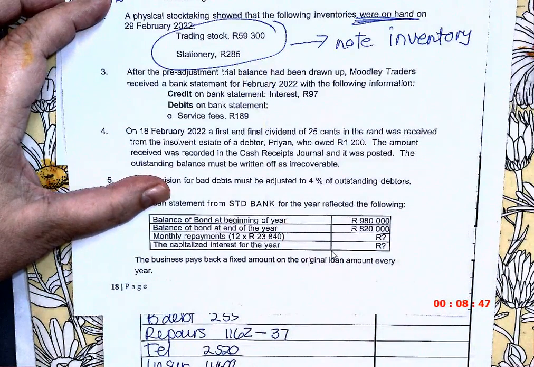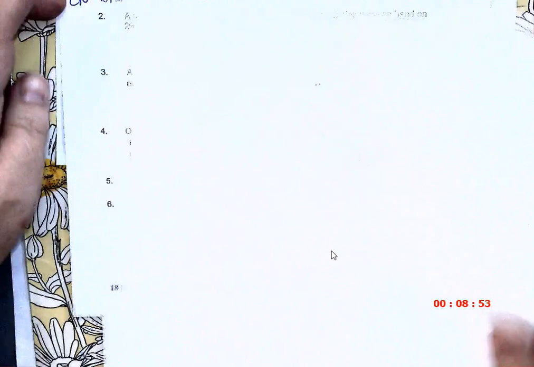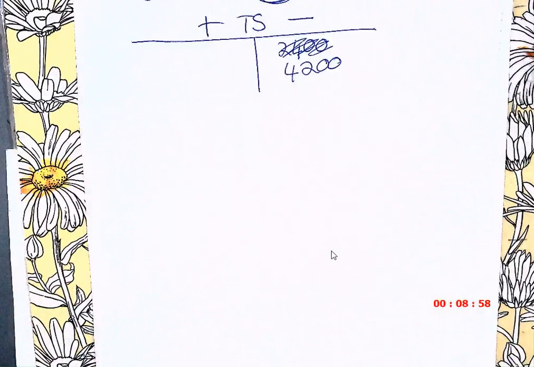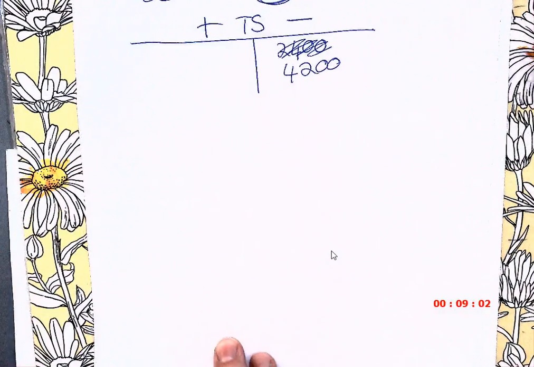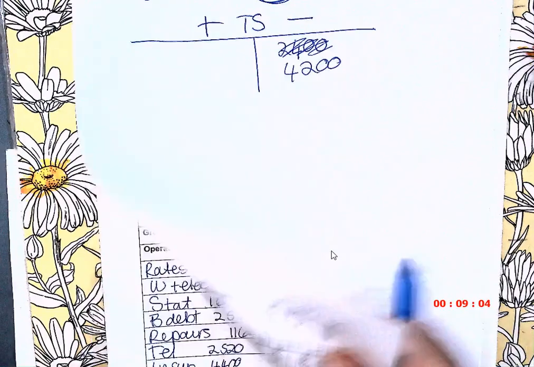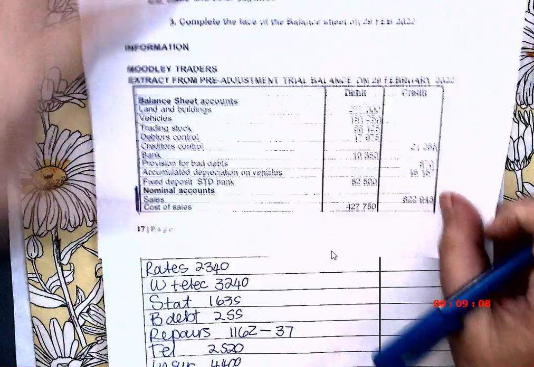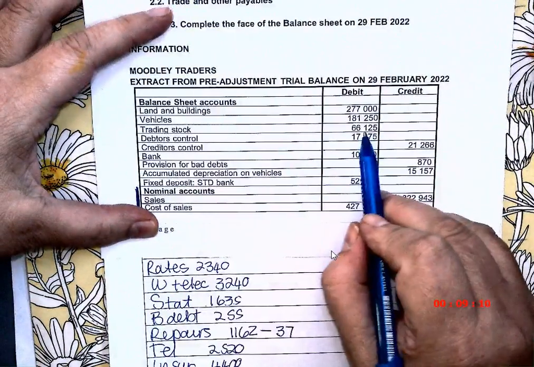But now I need to know what is happening in my income statement. So in my income statement, I'm going to go back to trading stock. Remember that T that I drew? So I'm going to look at what the balance of trading stock was, and I see it's 66,125.